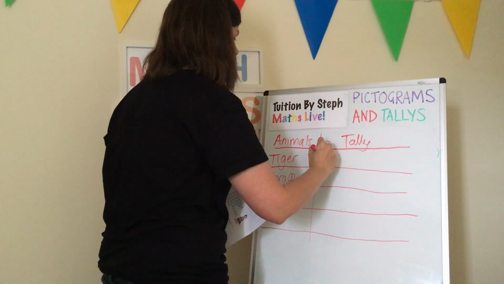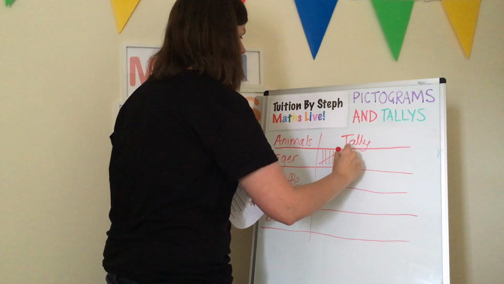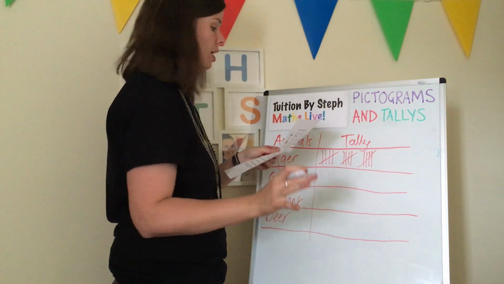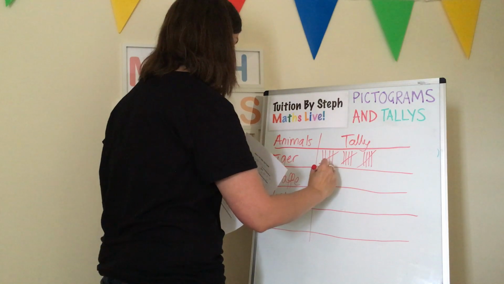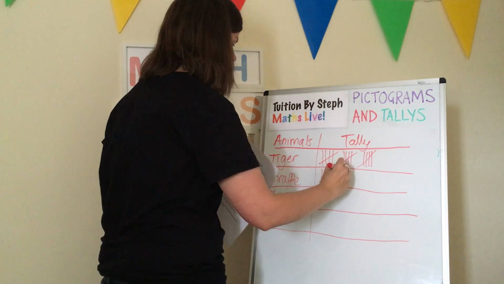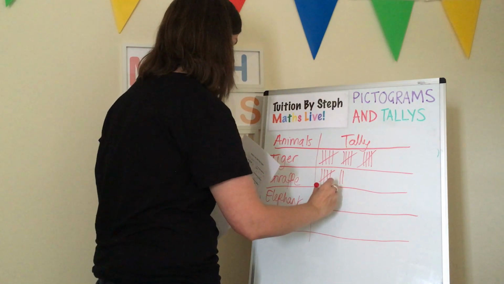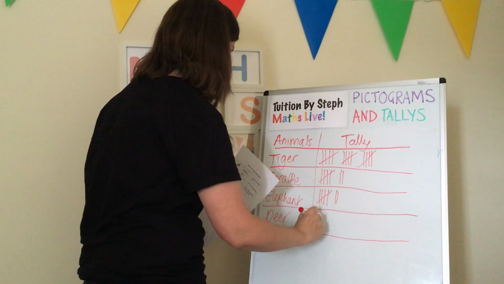So we've got how many tally marks? 1, 2, 3, 4, 5. 1, 2, 3, 4, 5. 1, 2, 3, 4, 5. So that's the tiger. That's what's drawn on the table. Then for the giraffe, and then for the elephant, and then for the deer.